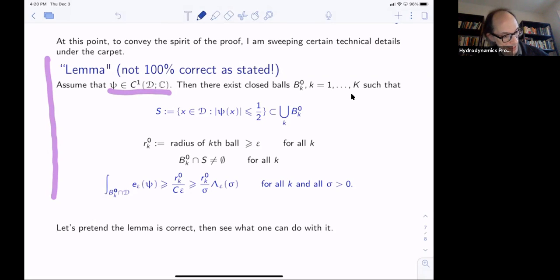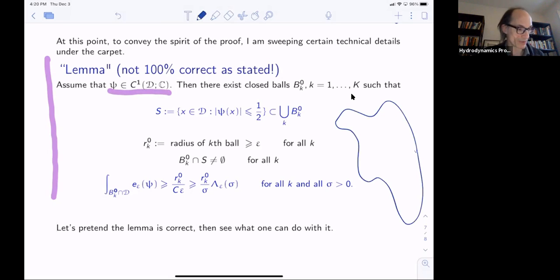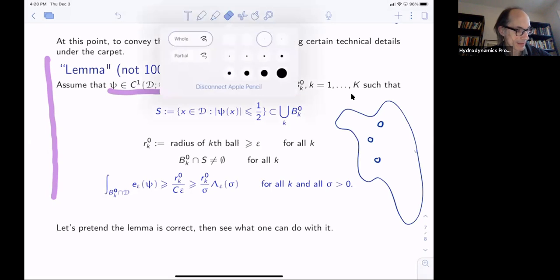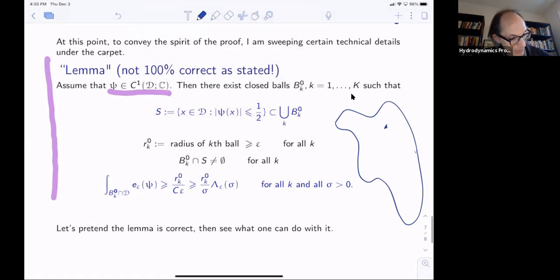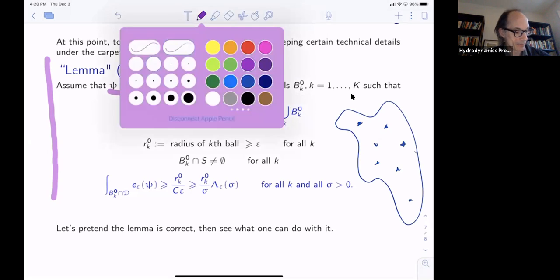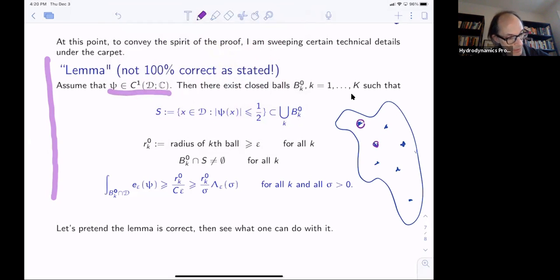I have this set D, and this function psi. And I assert that I can find a bunch of closed balls which cover the whole set where, so there's some set in here someplace where the function drops below half in modulus. And the claim is I can cover that by closed balls, pairwise disjoint, I didn't say that, pairwise disjoint.